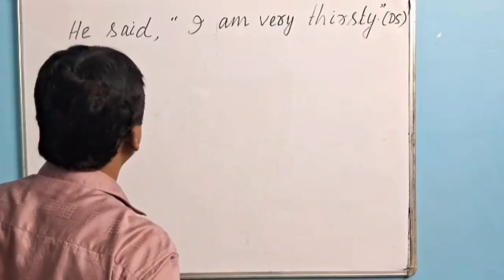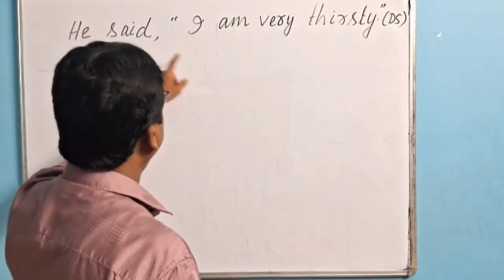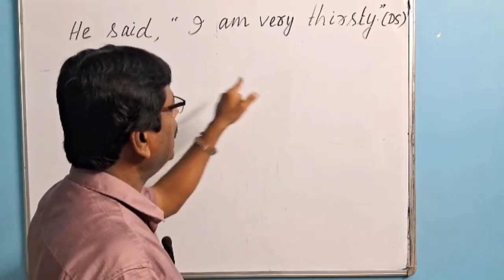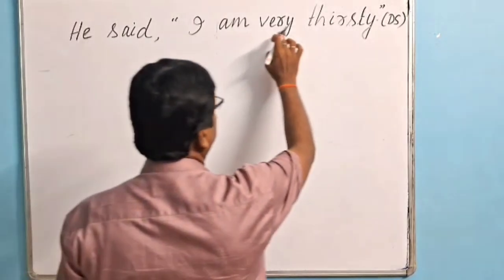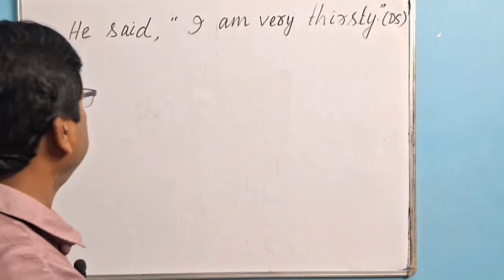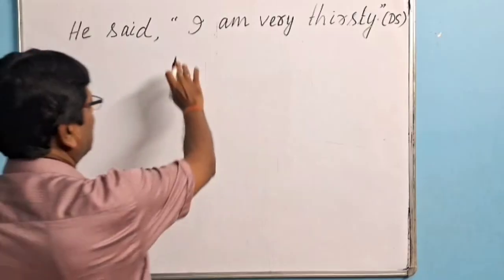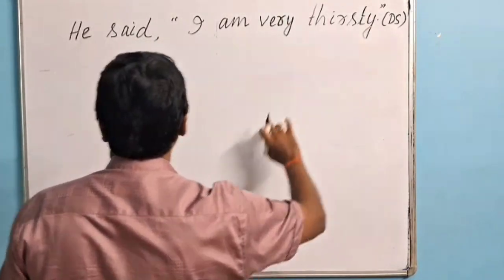Okay, dear guys, you look at the board and pay attention to what I am telling you. He said, I am very thirsty. This sentence is in direct speech. The sentence within inverted comma is a simple sentence.